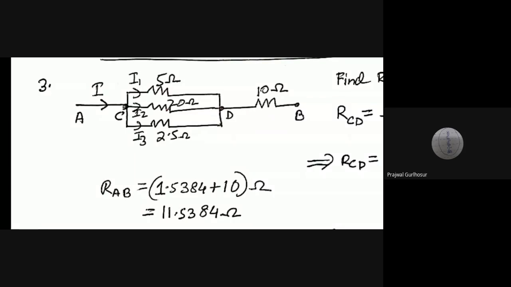Many people, what I see in general in the previous batch also, juggle up the formulas a bit. Don't confuse the formulas. Some people make mistakes with the basic formulas. Power is equal to voltage into current, P equals VI. And V equals IR.